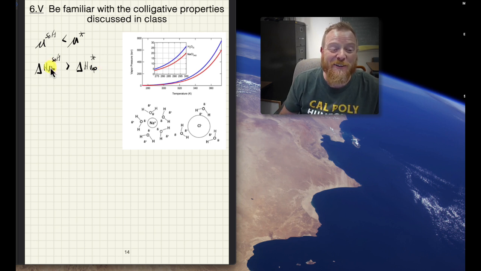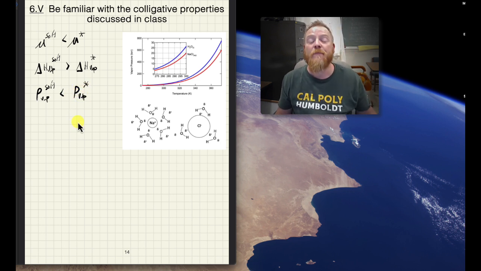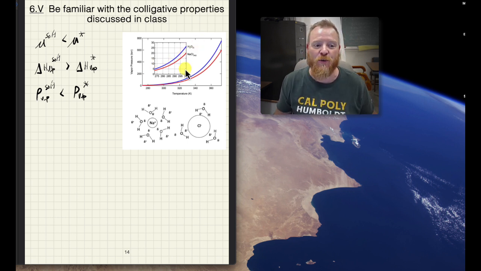So the delta H of vaporization of the solution is greater than the delta H of vaporization of just the pure liquid, right? So what that means is the vapor pressure of the solution for any given temperature has to be less than the vapor pressure of the pure material. And that's why I was confusing myself. So we can see that here on this graph, right?